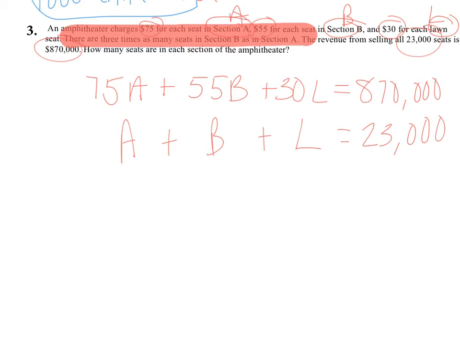But here's the issue. If there are 3 times as many seats in section B than there are in A, then it wouldn't be 3 times B or 3B equals A. Think of it this way. If you had 3 times as many girls as boys in the class, would 3 times the girls equal the number of boys?